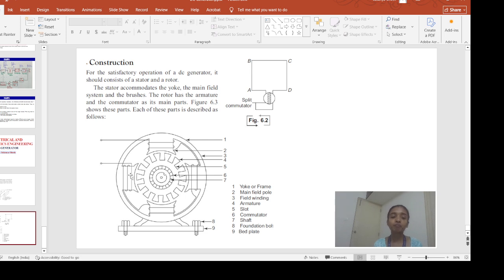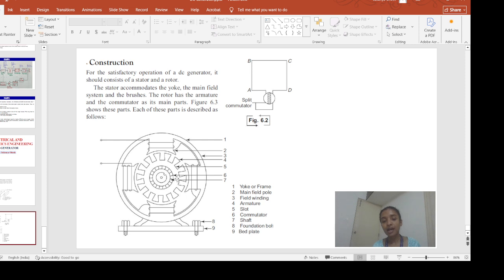Okay, now there is a gap between these field poles and the rotating part of the DC generator. In order to ensure uniform magnetic flux is maintained between the field poles and the armature winding, horseshoe shaped poles have been created. Now, at the outer edge of the armature core, we have some slots.